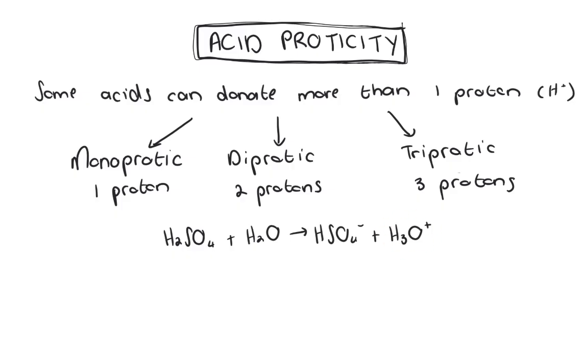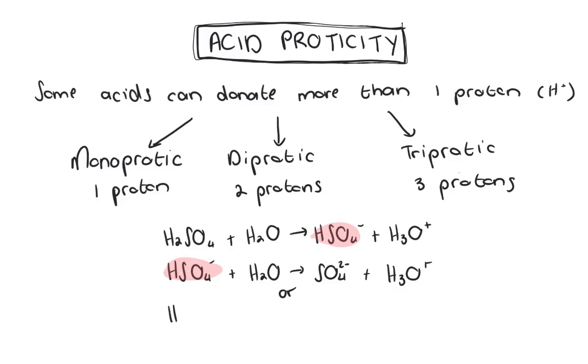But now that HSO4 minus still has 1 H, that 1 proton that it can get rid of. So in a second step, that one then donates the last proton, and it just becomes SO4 2 minus, and then another hydronium, H3O plus, forms.